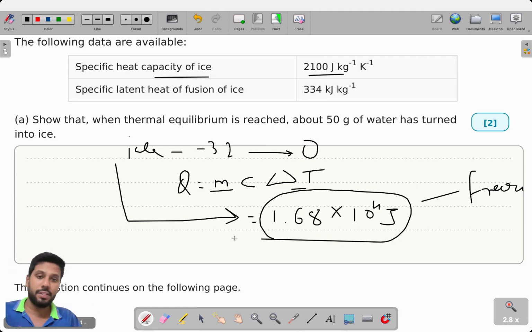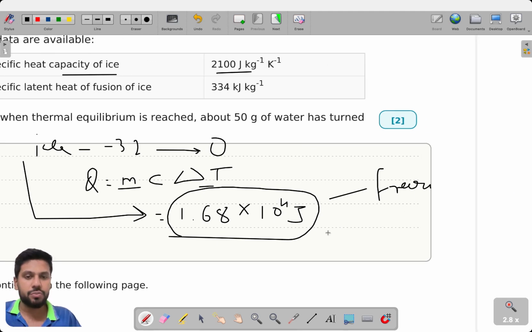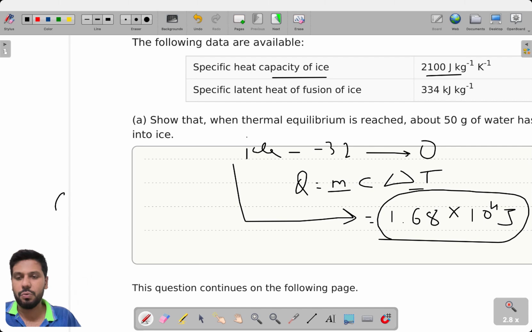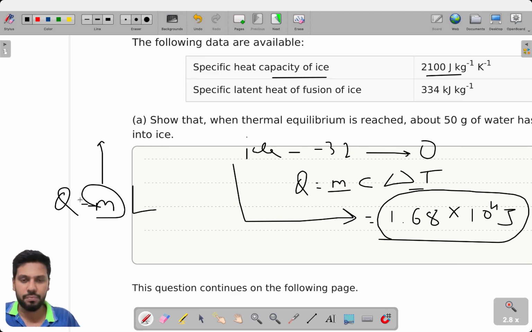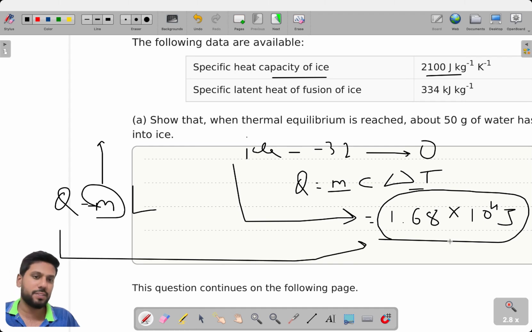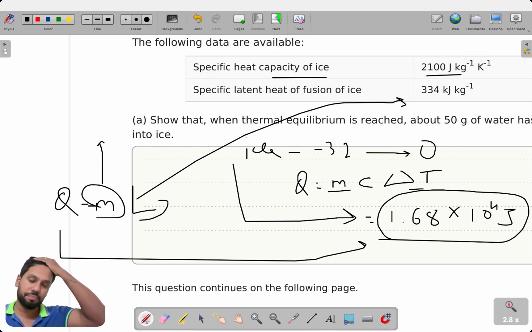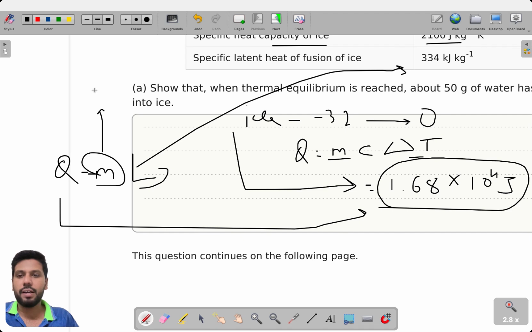Now I will use the specific latent heat formula, Q is equal to mL, and I want to find the mass of water that has turned into ice. Plugging in the Q value as 1.68 into 10 power 4 and the latent heat as 334 kilojoules, I get somewhere around 50 grams. You will get this m value around 50 grams.